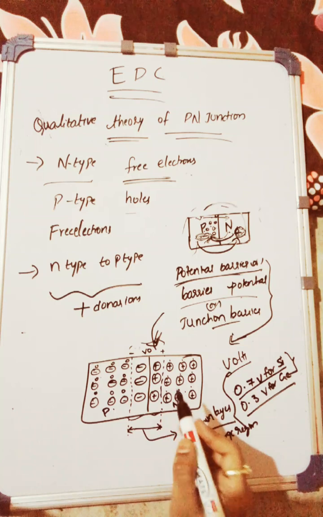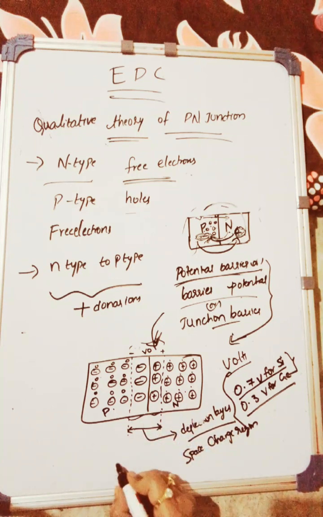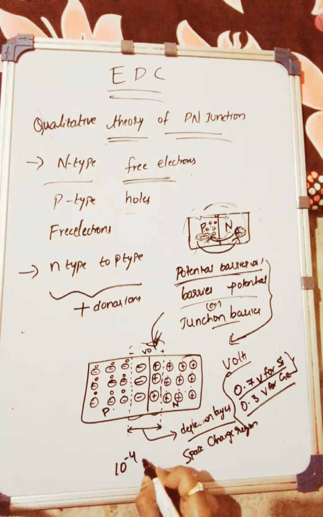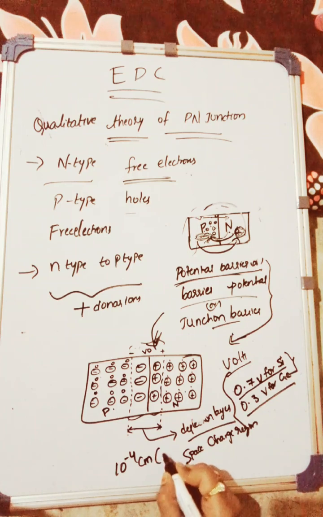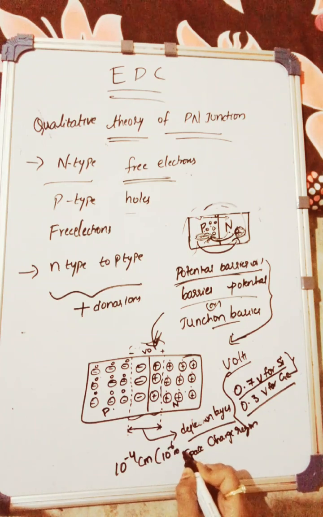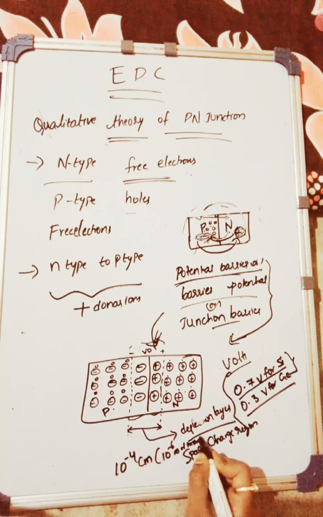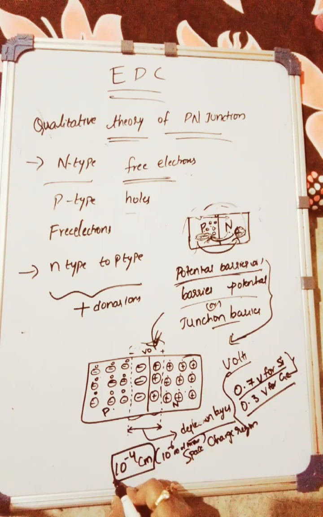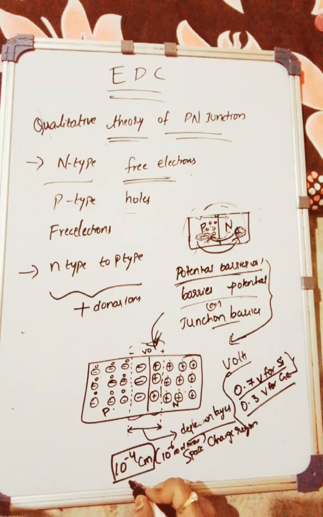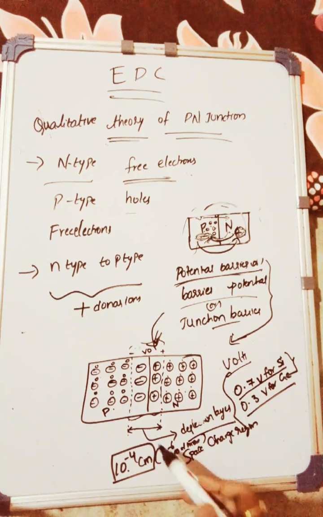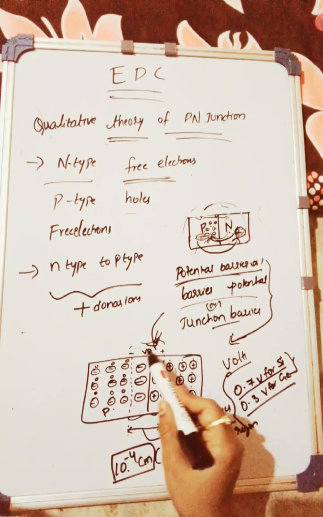The thickness of this region is on the order of 10 to the power of minus 4 centimeter, or 10 to the power of minus 6 meters, which is equal to 1 micron. Which region? This depletion region.